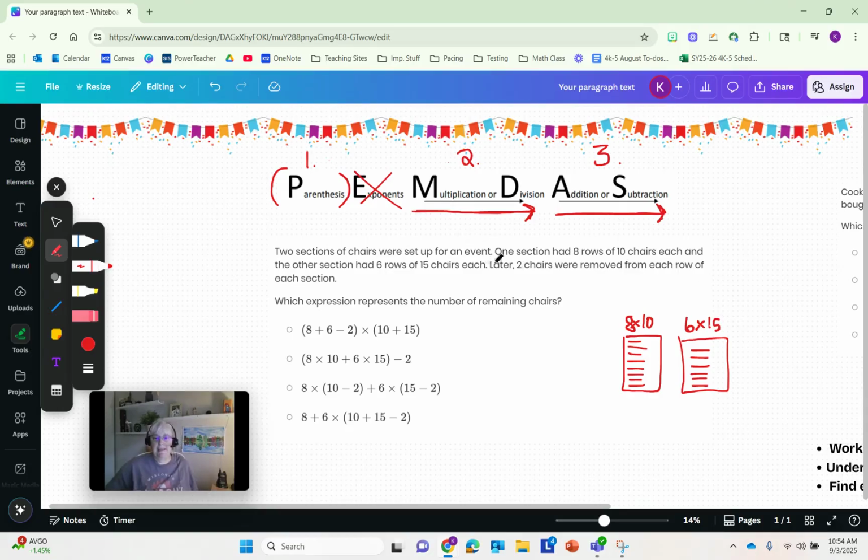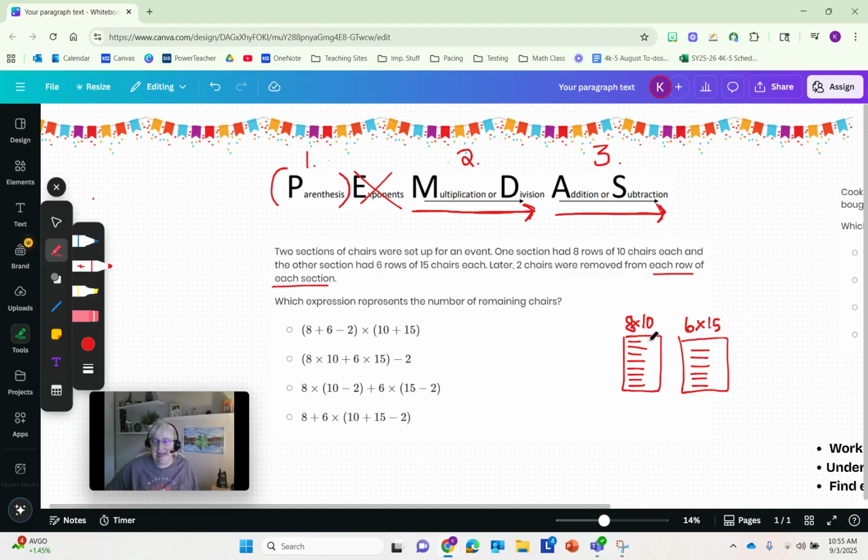All right. Later, 2 chairs were removed from each row of each section. Oh, they came in and said that's too many. So they took 2 off. 2 chairs were removed from each row of each section. So this doesn't have 10 chairs in it anymore.